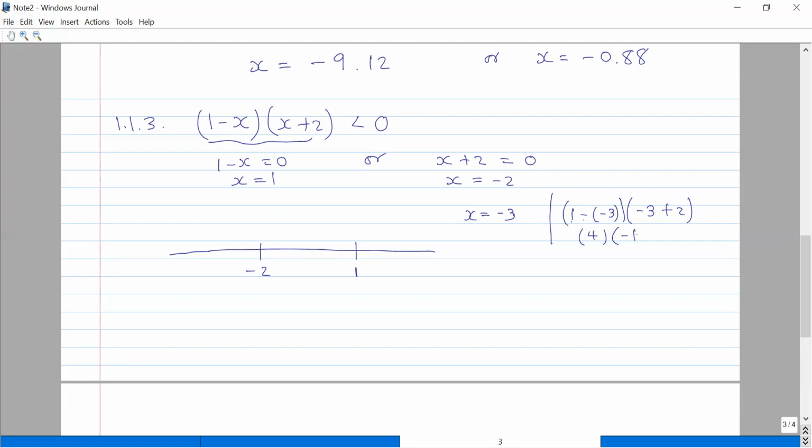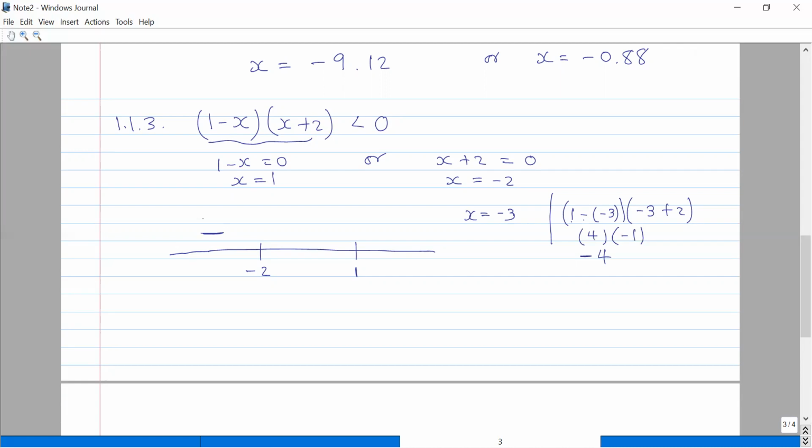We'll have a -1, right? So we have to multiply these two. When we are multiplying these two, we end up with a -4, because when you multiply a positive number and a negative number, you get a negative number. So we'll just take that overall sign and present it here. So we'll just put a minus there.